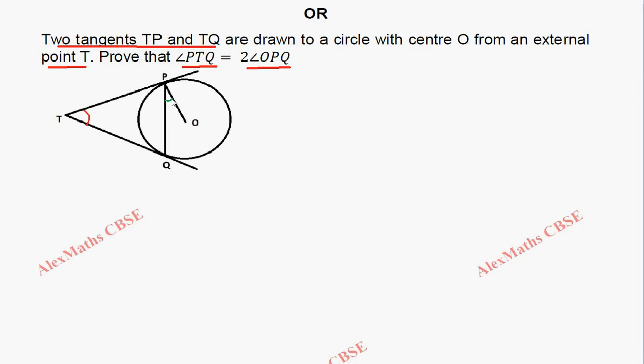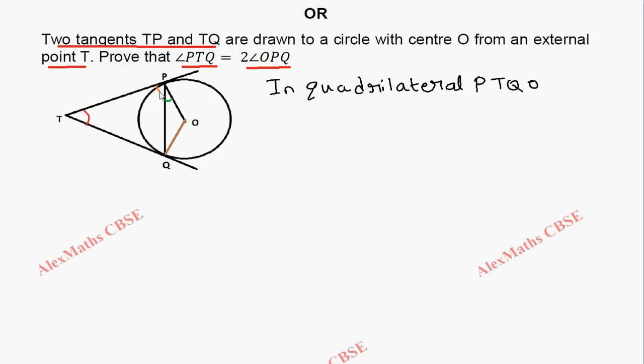We have to prove this angle is twice this angle. Now let's join OQ also. Now we are going to take this quadrilateral PTQO. So in quadrilateral PTQO, we are going to take the sum of the angles.